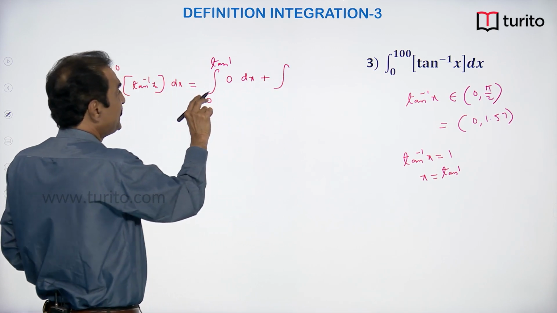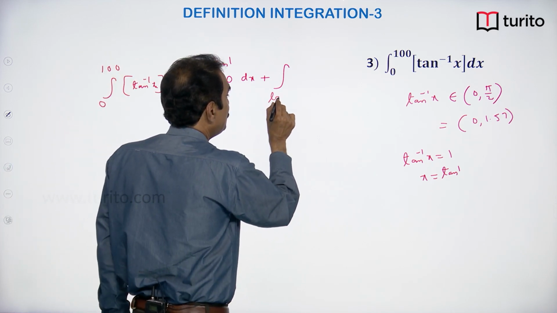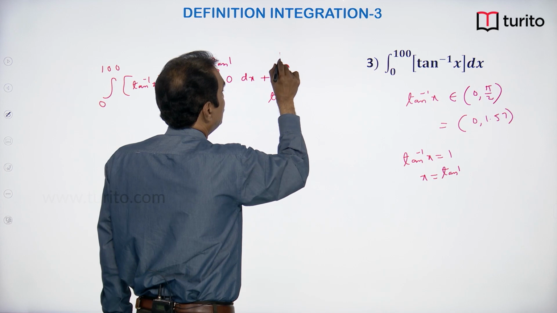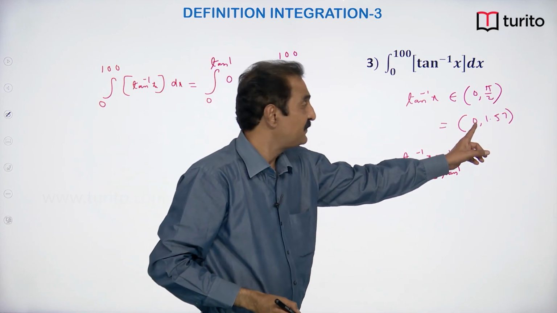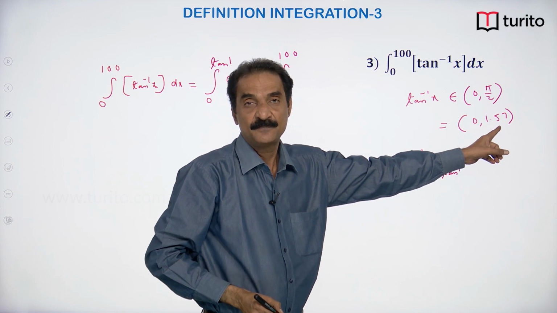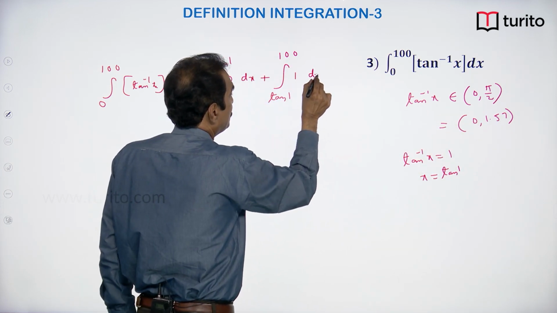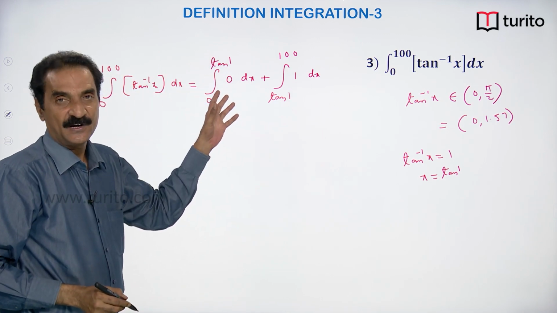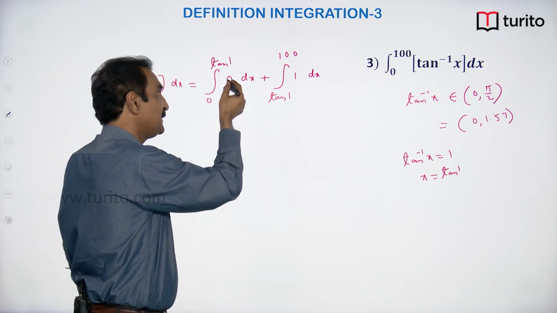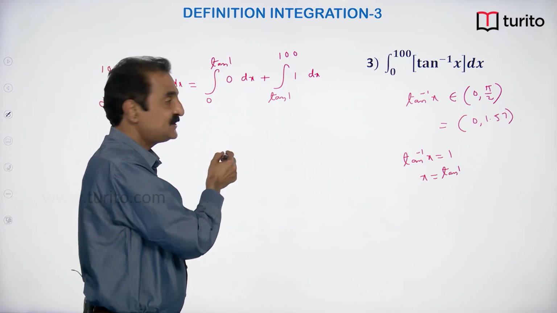Then we have to integrate from tan 1 to 100. Integral tan 1 to 100. In this interval, tan inverse x lies between 1 and 1.57. Okay. So, its integral part is 1. Integral of 0 is 0 in definite integrals, because even if you write c, the difference will be c minus c, 0.